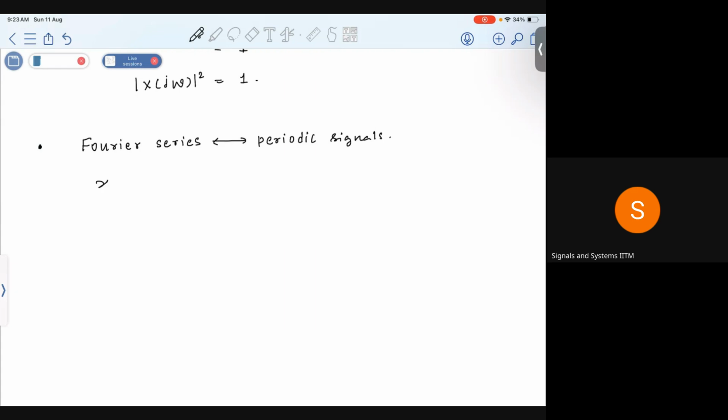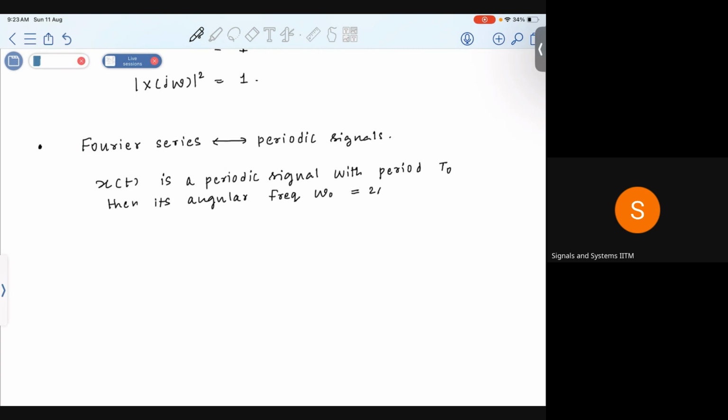So if x of t is a periodic signal with period t naught, then its angular frequency is omega naught, which is equal to 2 pi by t naught.